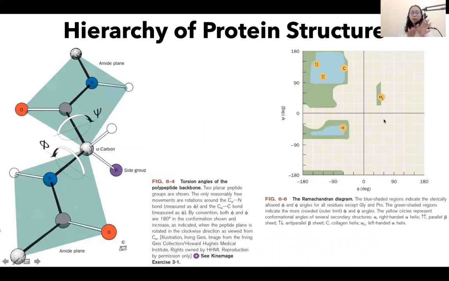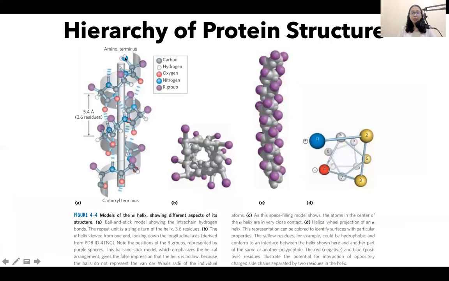If you try to imagine this, so you have a negative 90-degree plane and then a negative 30 plane, another negative 90, another negative 30, and so on, you will notice that your peptide chain will assume a helical conformation. So we have this helix or alpha helix.